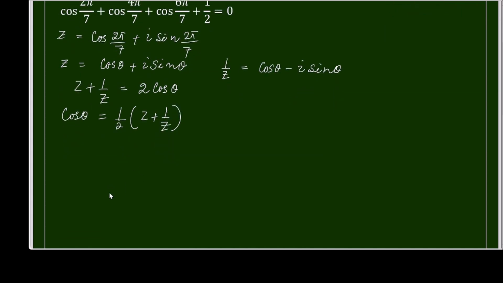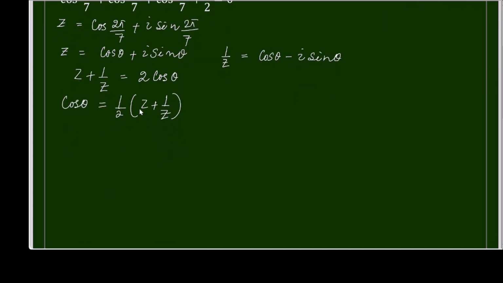In the same way, let us take another property, that is, if z equals cos theta plus i sin theta, z power n is cos n theta, n times theta, plus i sin n theta.